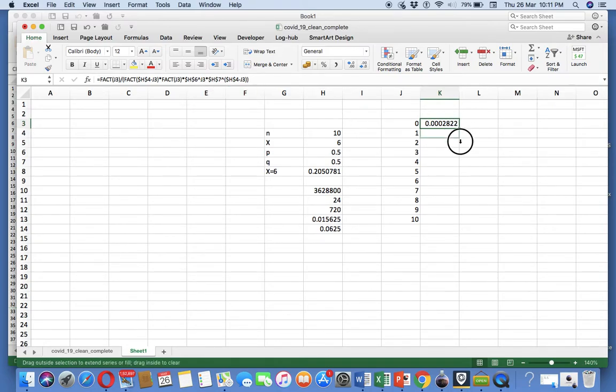So now if I drag it, I will get all the probabilities.